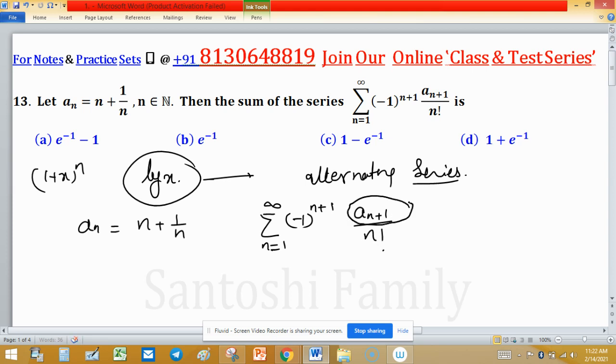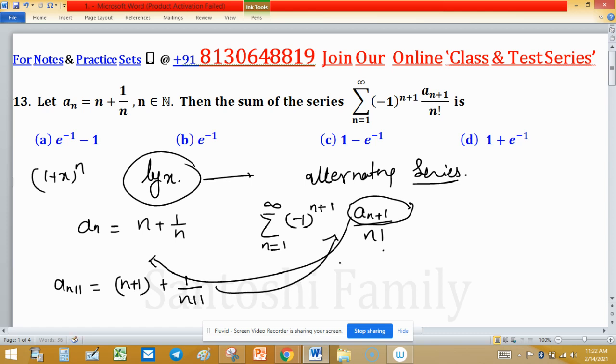As a_n is used here, what is a_(n+1)? It will be 1 plus 1 upon n plus 1. Use this in the series.